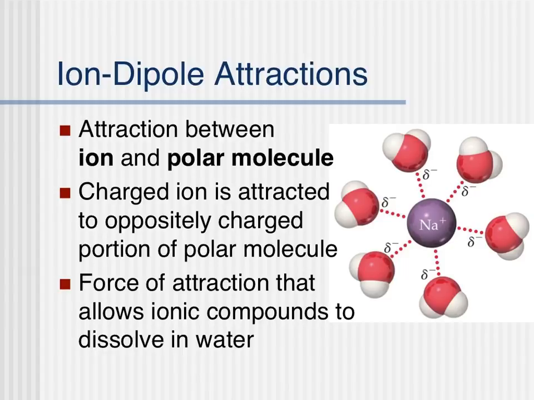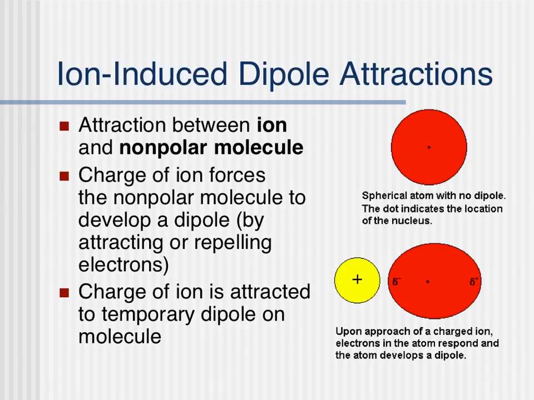The next one kind of gets into where we start to look at nonpolar things. An ion to what we call an induced dipole. So right here, this is showing an atom, but the same is true for a molecule. In nonpolar, overall, our electrons are distributed equally. There's no positive end, there's no negative end at all.